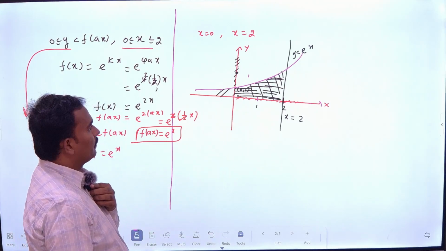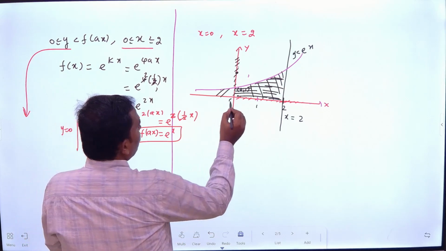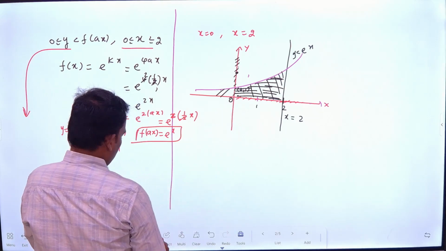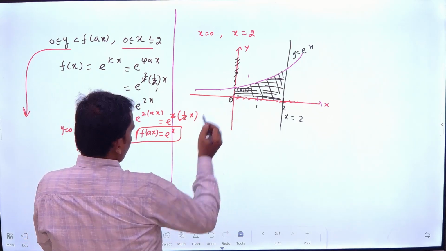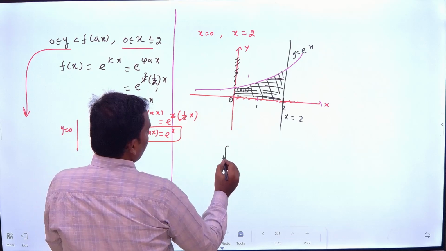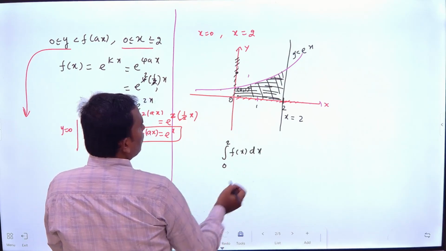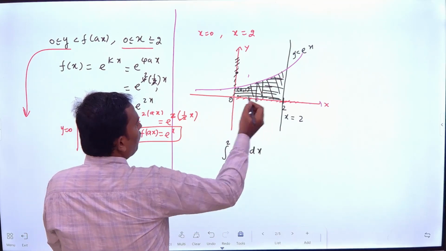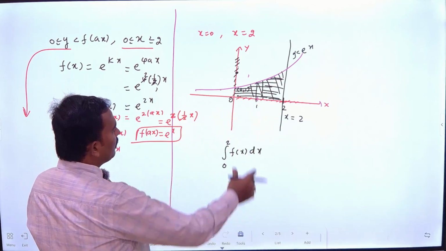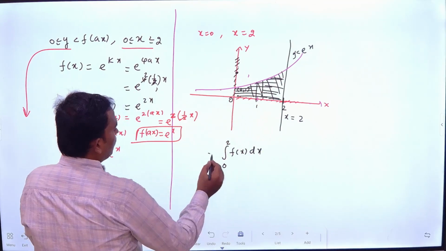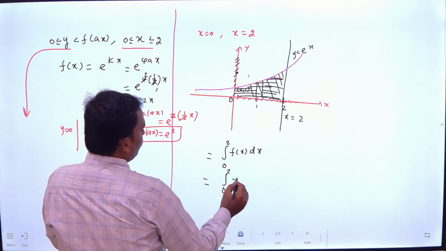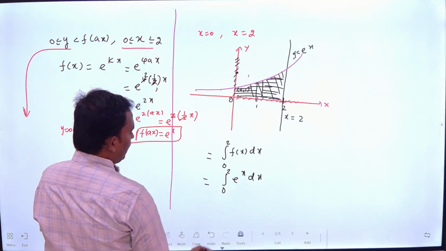Area under this curve. How to integrate? You have to integrate from 0 to 2, f of x into dx. You can take the vertical strip under the curve, e power x, right? So integral 0 to 2 of e power x into dx, right?